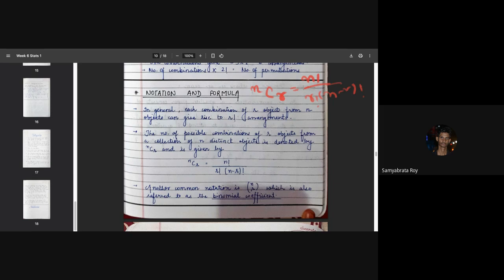Because it is reducing the number of choices by the number of identical arrangements. So it is reducing the significance of the ordering by r factorial. So I can say that this is nothing but nPr into 1 by r factorial.